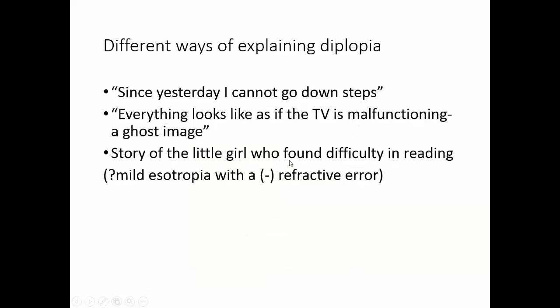The little girl whose only problem was that she didn't have diplopia. The parents found that she was complaining when she was trying to read. She found difficulty in reading because the eyes were deviating. When looking down, the eyes should come together, but this child had sixth nerve palsy.